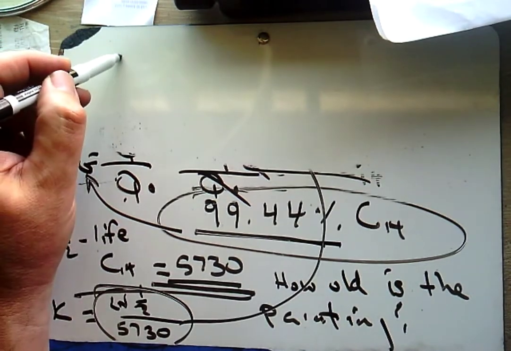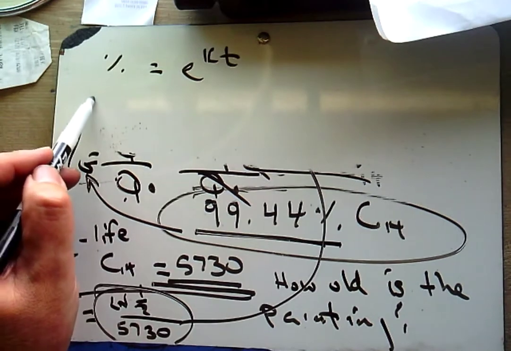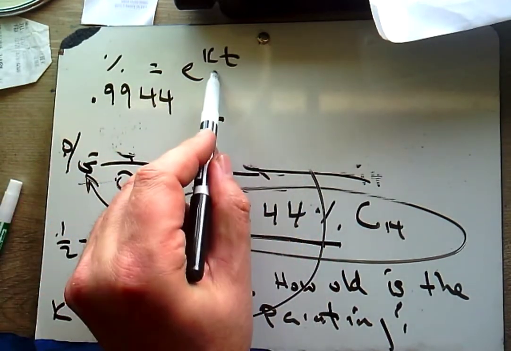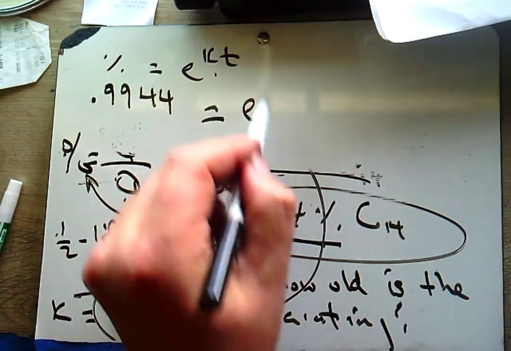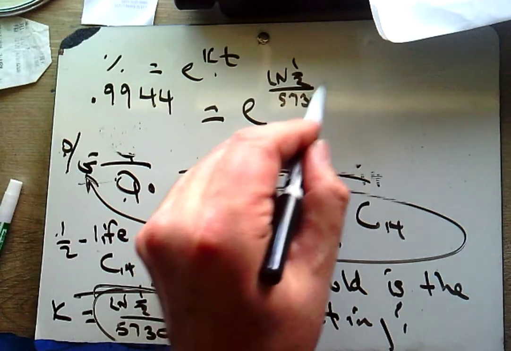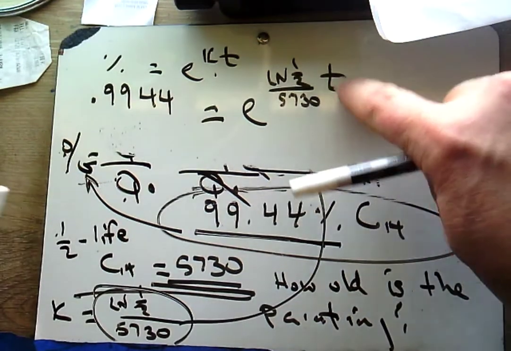So I'm going to have percent equals e to the KT. The percent is 0.9944. And our K value, e to the ln of a half over 5730 T. So I need to solve this equation. Well, I see that T up there in that exponent.